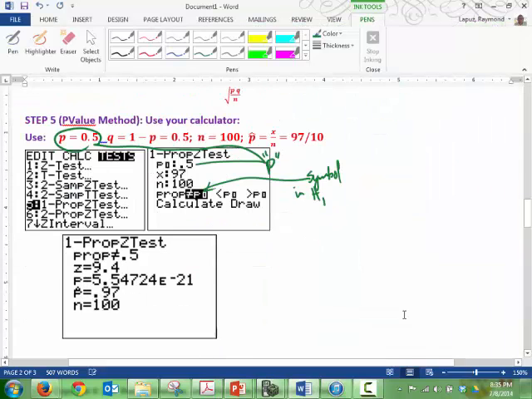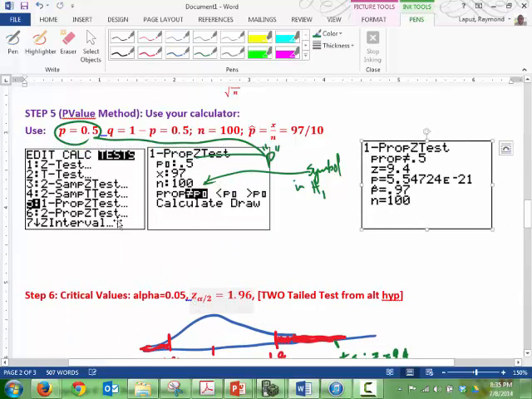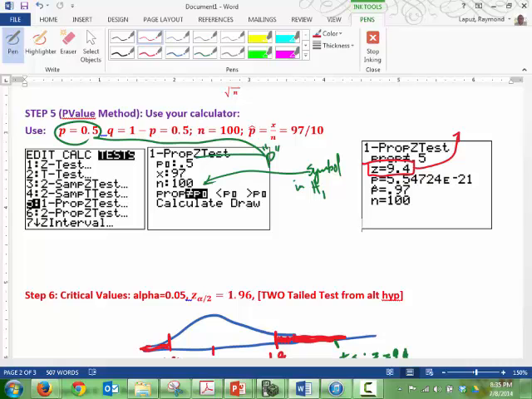So let's interpret our results. What did we get for our results? Now look at this number over here. Does this look familiar? That's your z-score, right? Did we find that before? What would you call that number?